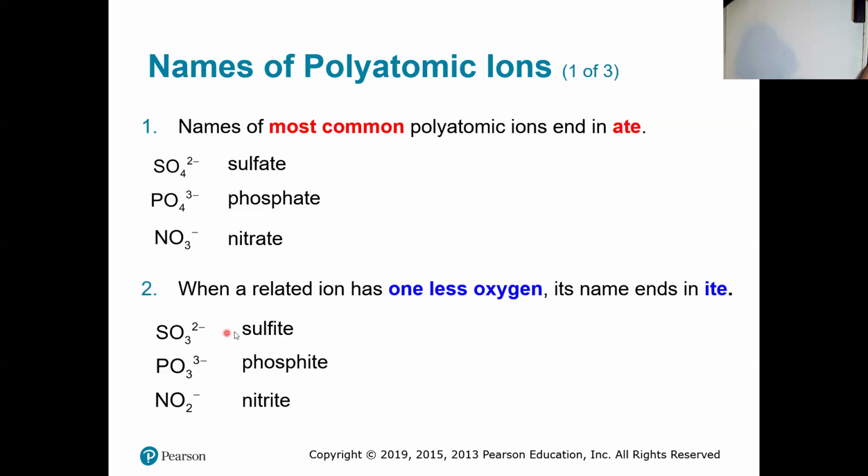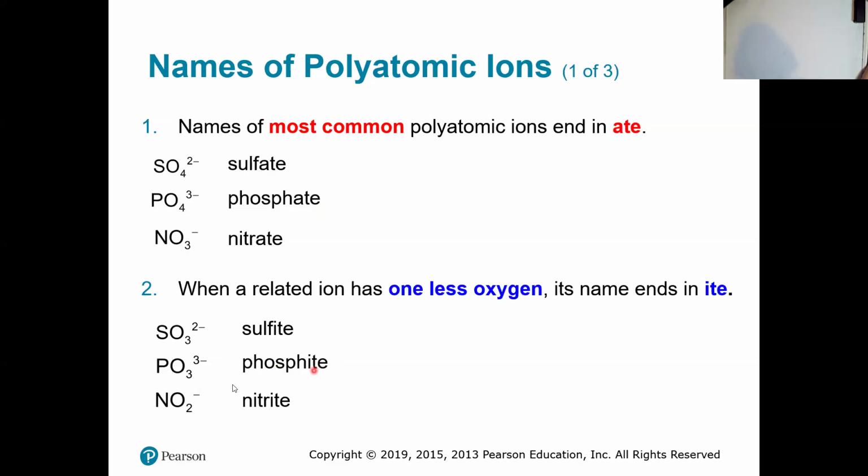So when you have sets of related polyatomic ions, the polyatomic ion that has one less oxygen is going to have an ending of ITE instead of ATE. That's why SO4 2- is sulfate and SO3 2- is sulfite, because sulfite has one less oxygen. Phosphate with 4 oxygens has an ATE ending.